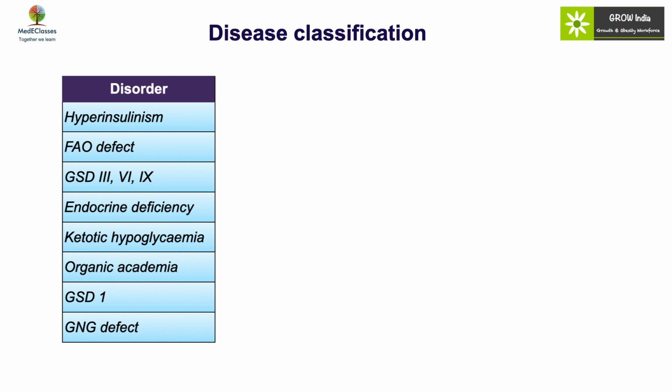Endocrine deficiency, particularly multiple pituitary hormone deficiency, presenting with midline defects, growth failure, micropenis, cleft lip, cleft palate. Ketotic hypoglycemia, a diagnosis of exclusion, which should be considered once everything else has been excluded, typically presenting at around 1 to 2 years of age in a lean child who wakes up in the morning for the first time and then is not able to wake up because he develops hypoglycemia.